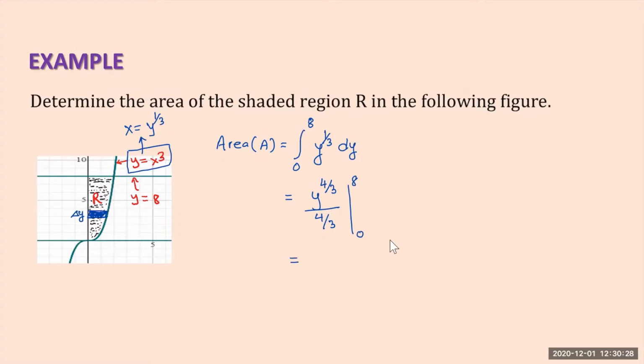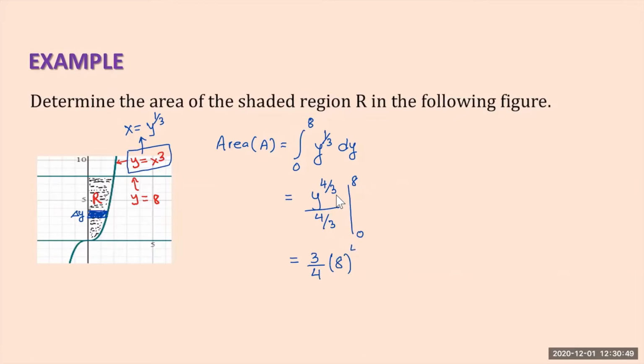Now we can simplify this using the fundamental theorem of calculus. That is, we plug in the upper limit, subtract, and plug in the lower limit. We are dividing by 4/3, which is the same as multiplying by 3/4. And then we are plugging in 8. So it will be 8 raised to 4/3.